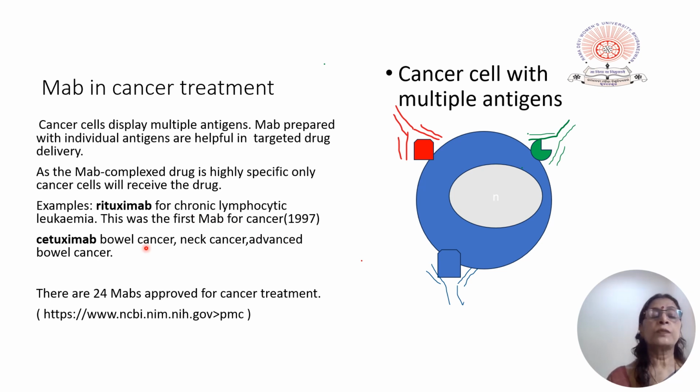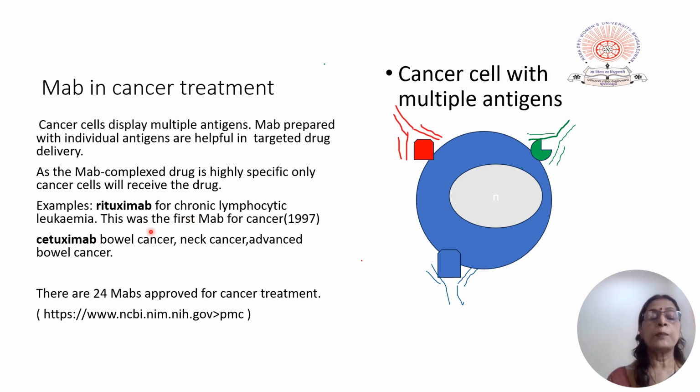MAB can be used for cancer treatment, and as per this link, 24 MABs have been approved for cancer treatment till now. The advantage is that any cancer drug which is used, mostly the chemotherapeutic agents, have severe side effects and are very harmful to the recipient, the patient.